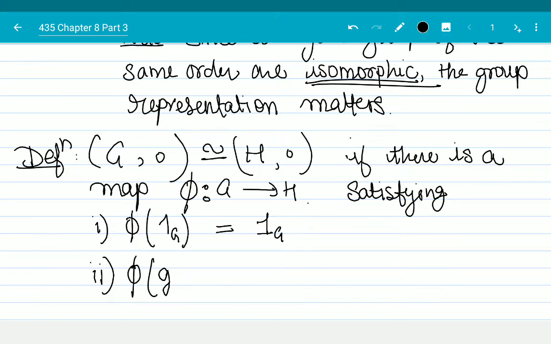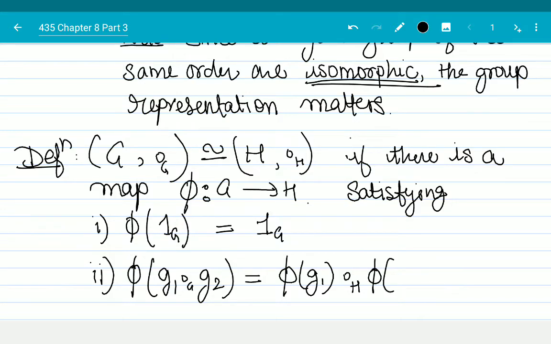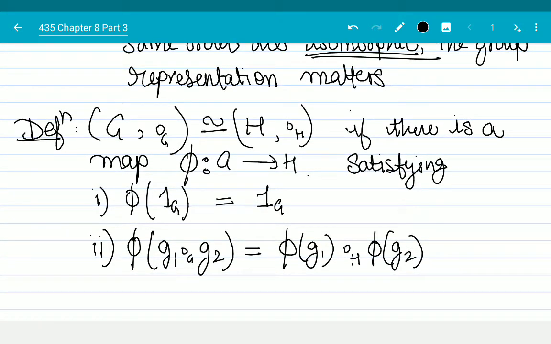One, phi of 1 of G is 1 of H. Two, phi of g1 composed in G with g2 is equal to phi of g1 composed in H with phi of g2. So the operation should go through.